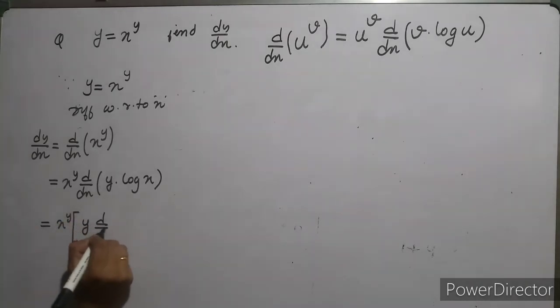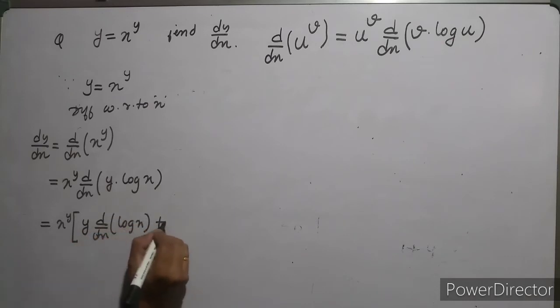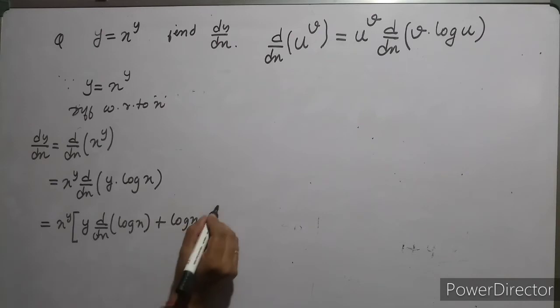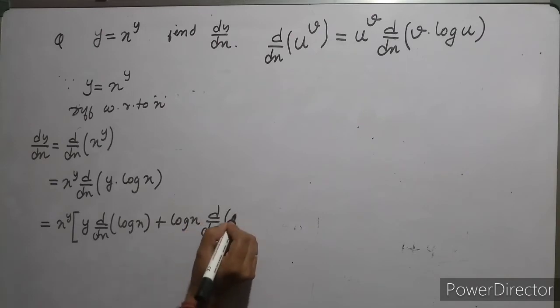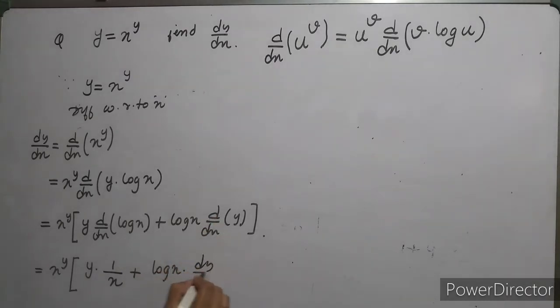U dy dx of v plus v dy dx of u. X to the power y, then y, derivative of log x is 1 upon x, plus log x into dy dx of y is dy upon dx.